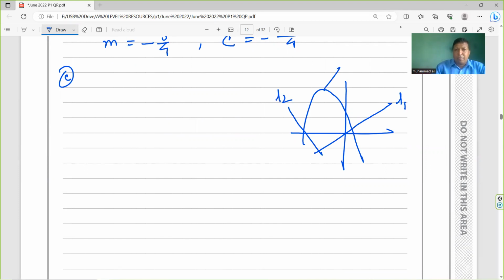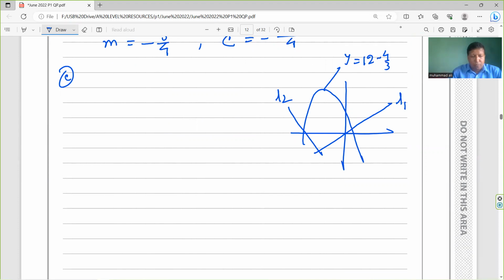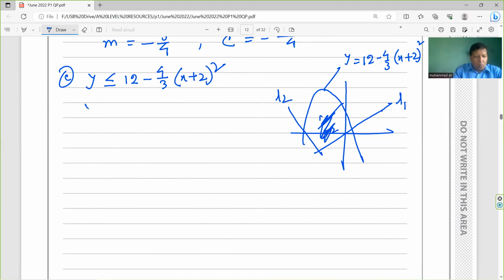As the curve is y equals 12 minus 4/3 (x plus 2) whole squared, its below side is shaded, so we can write y less than or equal to 12 minus 4/3 (x plus 2) whole squared. And the L1 line upper side is shaded, so we can write y greater than or equal to 4/5 x.